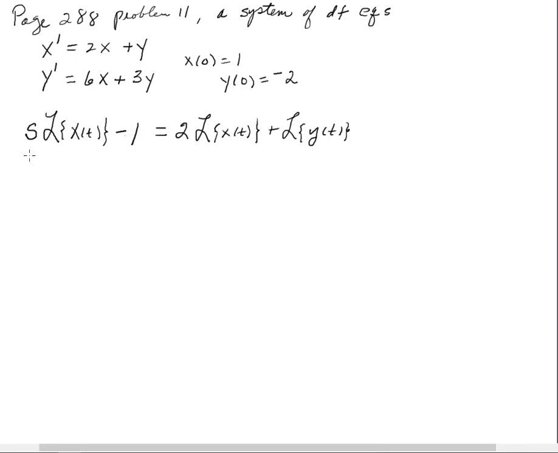Now let's apply the same kind of work to the second equation, and we would have s times Laplace y of t minus a negative 2, which would make that a plus 2, is equal to 6 Laplace x of t plus 3 Laplace y of t.